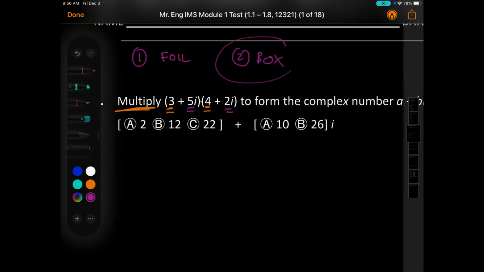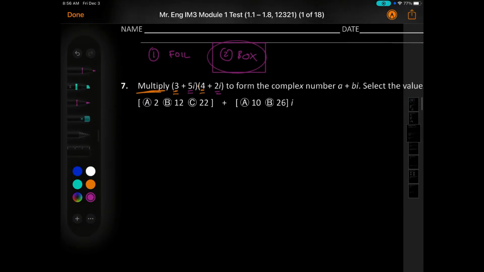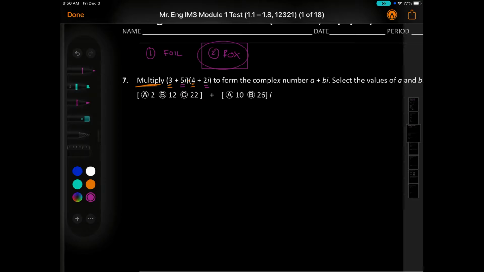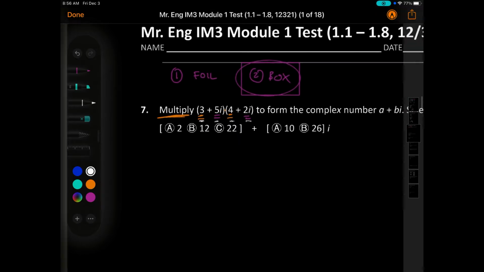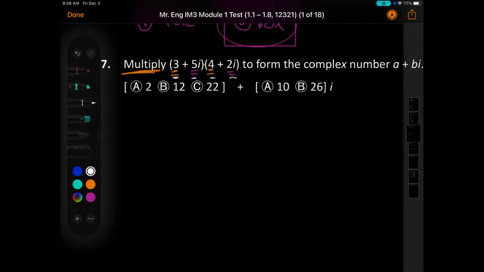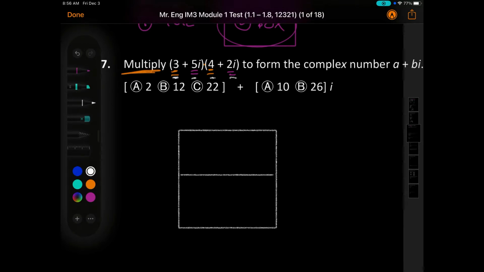The reason I'll show you the box is because that's what we've been doing in class, and FOIL only works with a binomial, which we have right here, 2 terms times 2 terms. Bi meaning, like a bicycle has 2 wheels, so FOIL only works with that method. It doesn't work with other situations. So this box, you can increase it to be a rectangle.